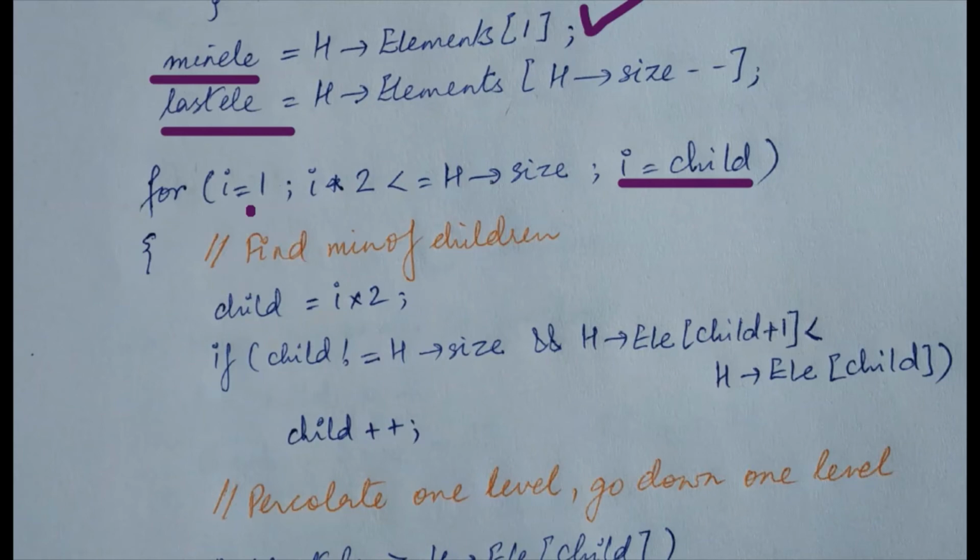Will the child value be 2i or 2i plus 1? It depends on which of the children is the least of the two. So first I assign the child variable the value 2i. So if parent is i, child is 2i. So child is the left child, and child plus 1 is the right child.